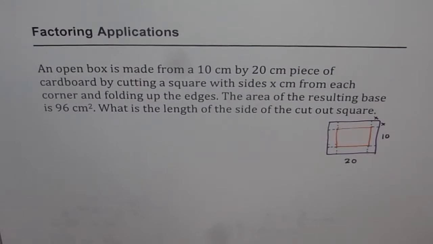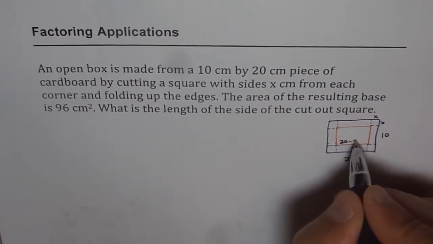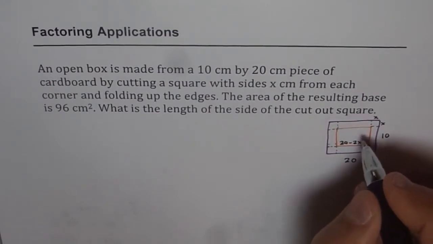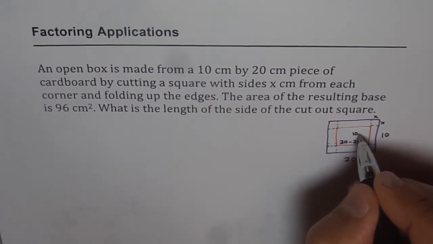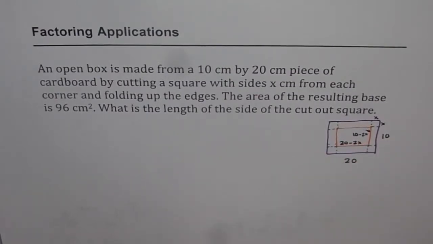So what you get inside will be 20 minus 2x, and that side is going to be 10 minus 2x. So that is the box which you get, or the resulting base of the box will be 20 minus 2x times 10 minus 2x, correct?